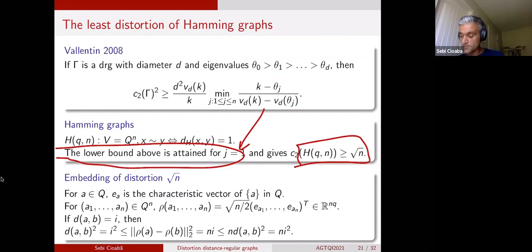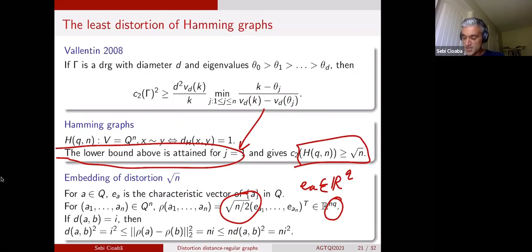So you take this E of a, which is a vector in R^q, where q is my alphabet. If I have a_1, ..., a_n in Q^n, a vertex, then I embed it, times some constant, into a vector in this space of dimension nq, where you have the characteristic vector of each letter put into this position.